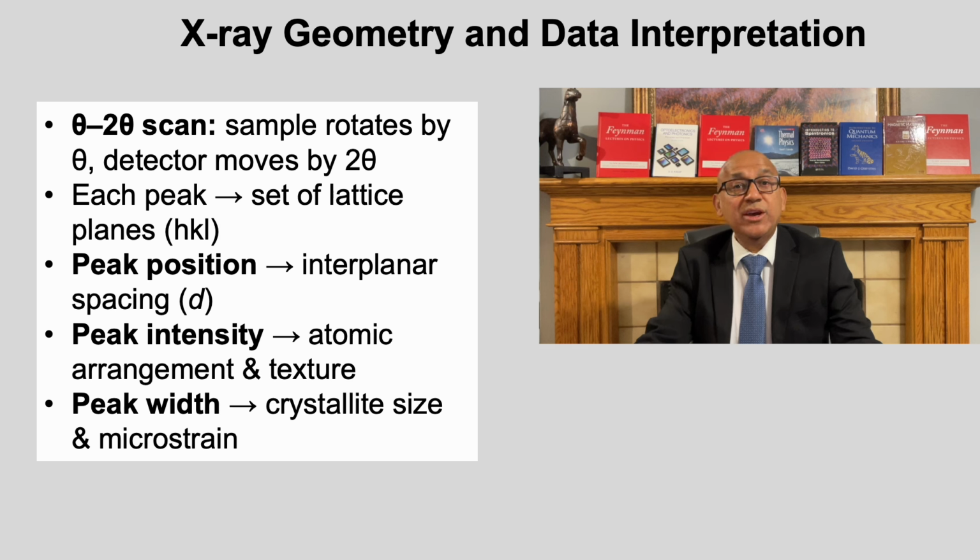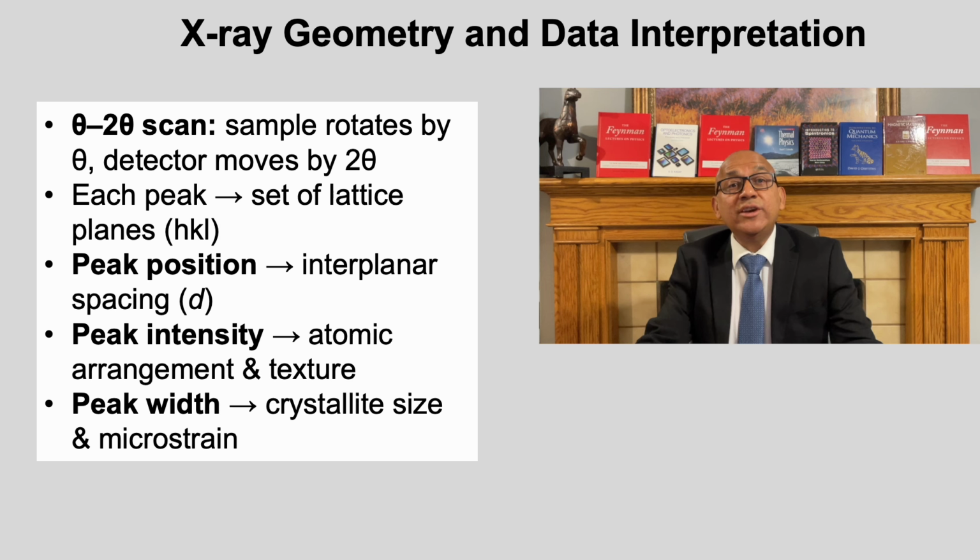Each diffraction peak corresponds to a distinct set of lattice planes identified by their Miller indices h, k, l. The peak position tells us the interplanar spacing via Bragg's law, and from those spacings we can deduce the lattice parameter and even identify the crystal structure, whether it is cubic, hexagonal, or tetragonal.